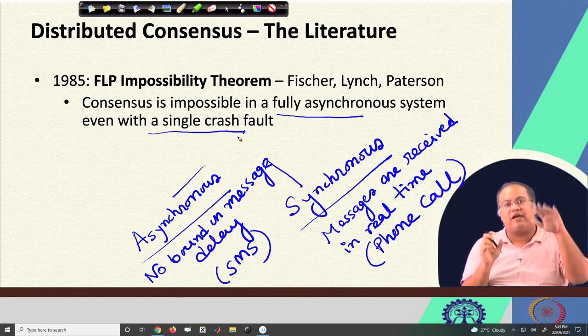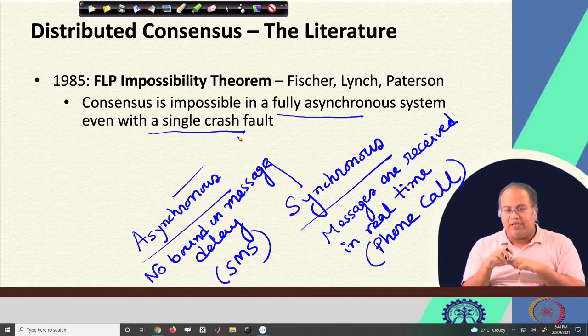Crash fault means that there is some hardware or software fault. That means the node has stopped responding. For example, you are trying to make a phone call to your friend, and somehow the phone does not have any internet connectivity, or the phone got crashed, and you are not able to make a call. That we call a crash fault. And the second type of fault is the Byzantine fault.